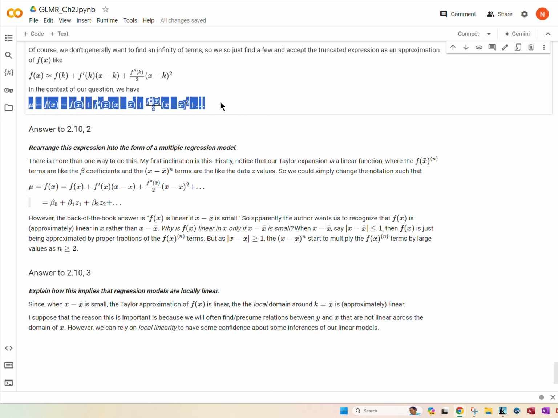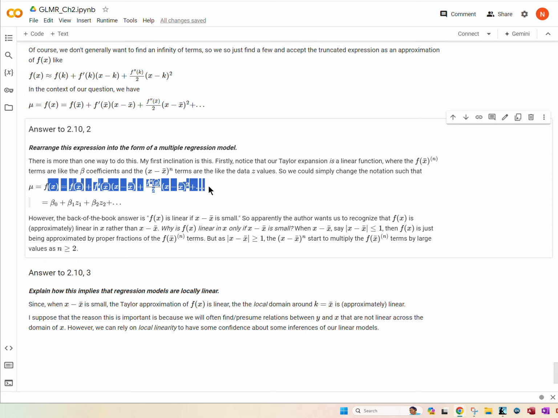is that our expression here, reproduced here, is linear. It is a linear function in x minus x bar, right?